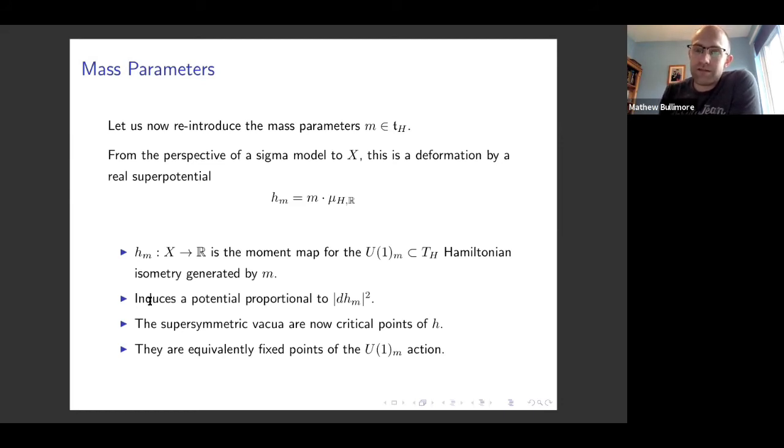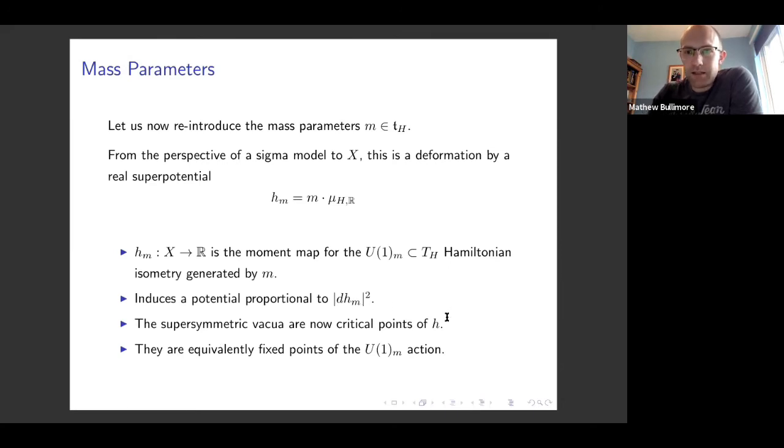So the effect of that is that if I introduce masses into the theory, from the sigma model point of view, the remaining supersymmetric vacua will just be the critical points of this function h_m.